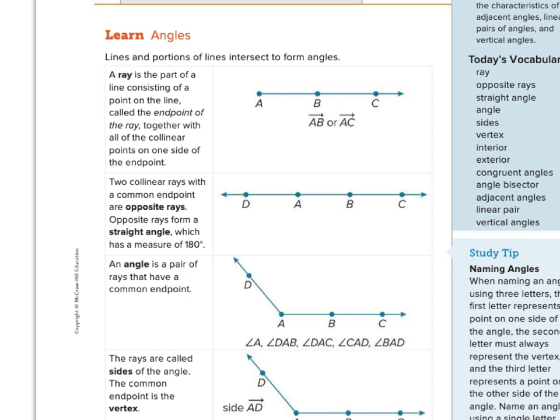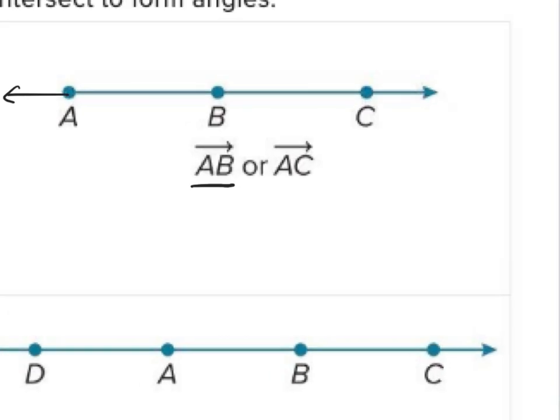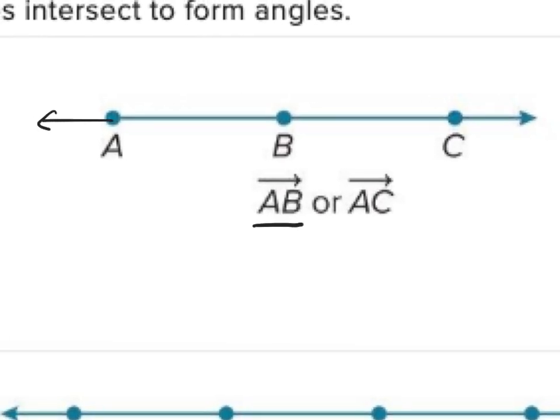Thinking about a line, we have this line going on forever in both directions. Well, a ray has a starting point, called its endpoint. So in this case, looking at this notation, ray AB. What that's saying is my ray starts here at A, and then it follows this line and passes through point B. Okay, so that would be ray AB.